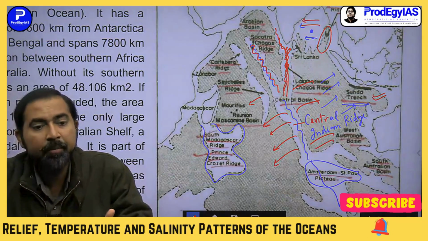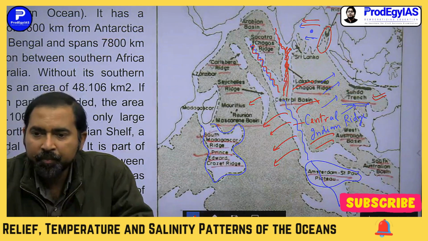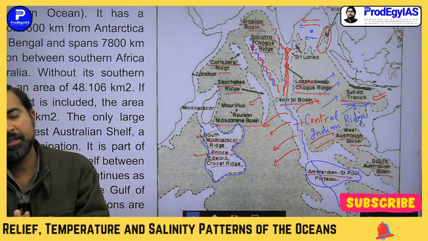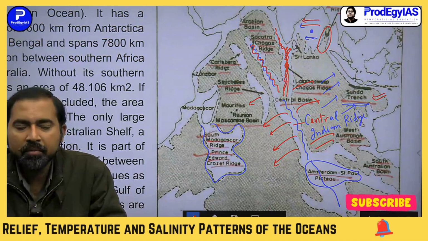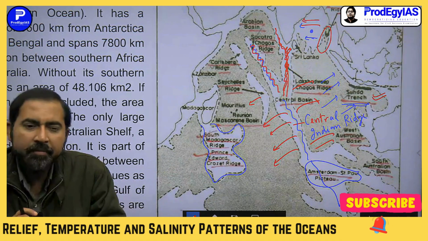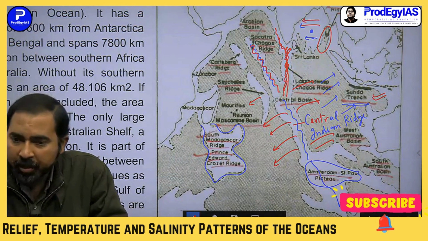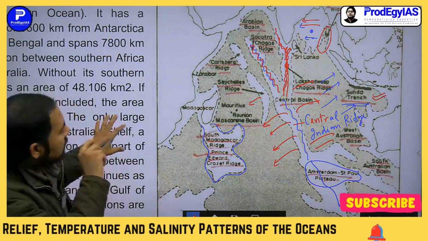It is not at the same rate in all the oceans. In some oceans, their sea floor is spreading in a speedy manner. In some oceans, it is very slow. Slow means the tectonic activity is very low. Magma is not coming out in that manner. Okay.